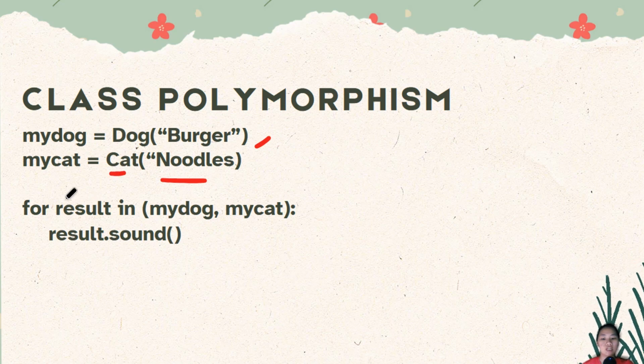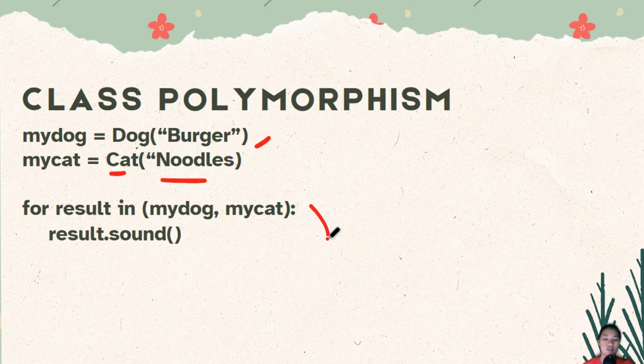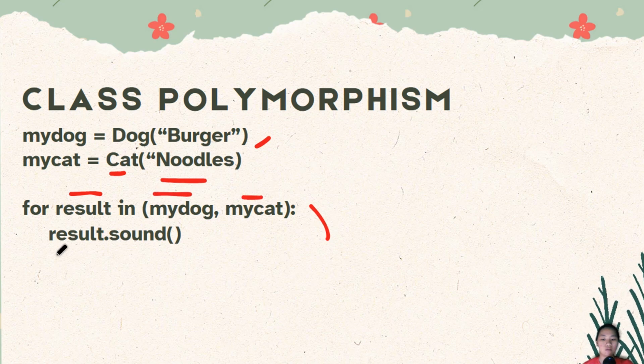And I'm using a for loop. The for loop over here also has polymorphism because you can reuse it for different things and not just these two variables and these two classes. For result in my dog and my cat, result.sound. So we're printing meow and wolf, okay?